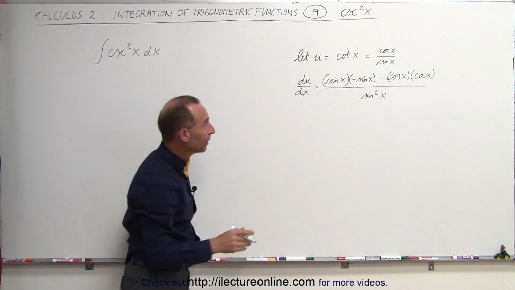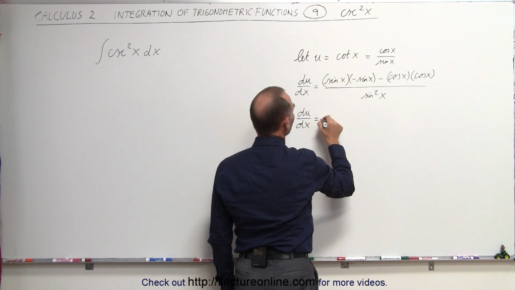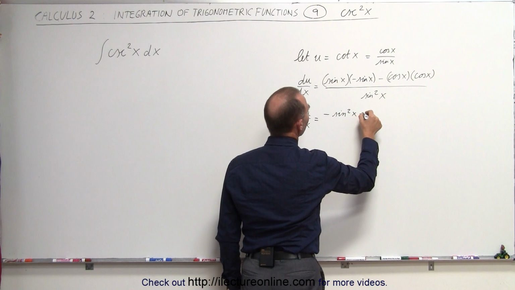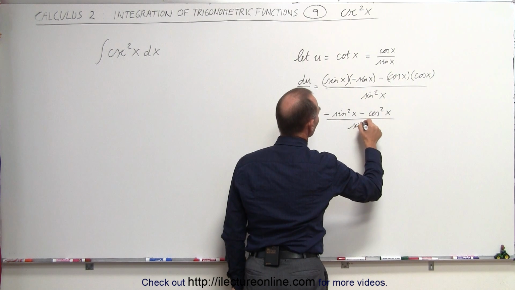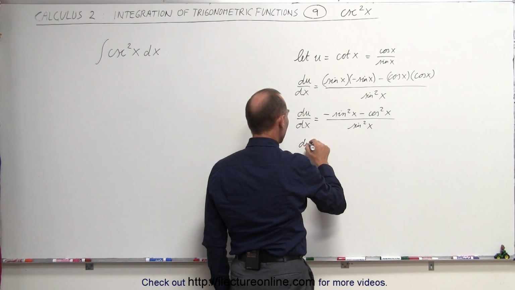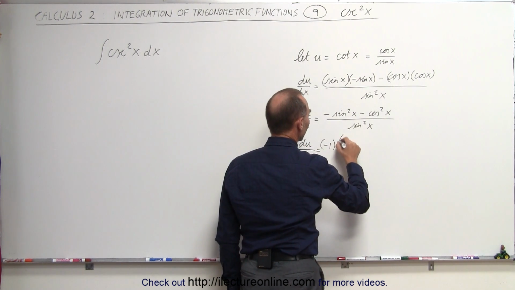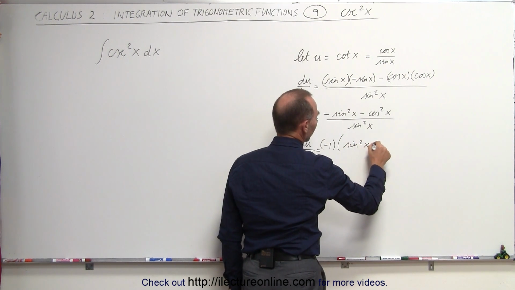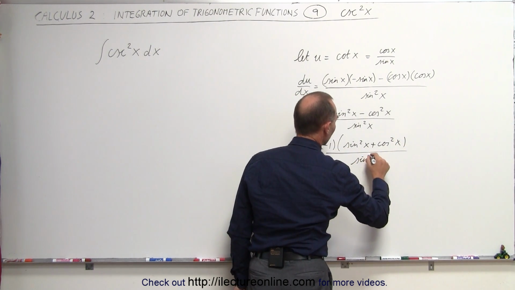We can simplify that. We can write this as du dx is equal to the negative sine square of x minus the cosine square of x, all divided by the sine square of x. And then in the numerator, if I factor out the negative 1, du dx is equal to minus 1 times the sine square of x plus the cosine square of x, the whole thing divided by the sine square of x.